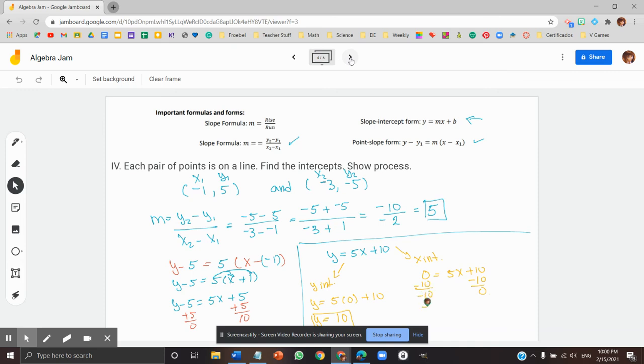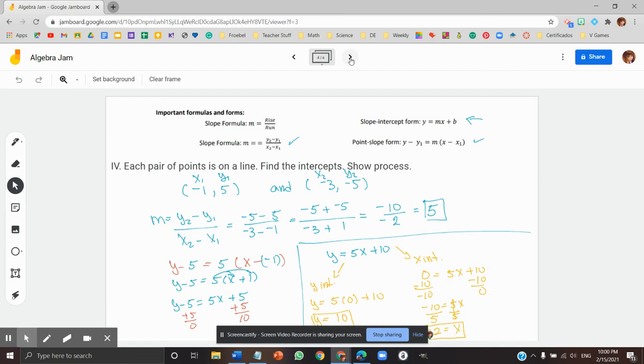I have negative 10 equals 5x. I want to take away that 5, so I have to divide by 5. And if I do it on one side, I have to do it on the other one. This is going to be 1. And negative 10 divided by 5 is going to be negative 2, right? Equals x.